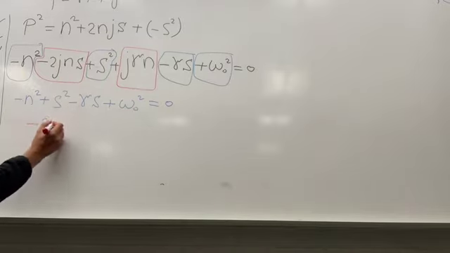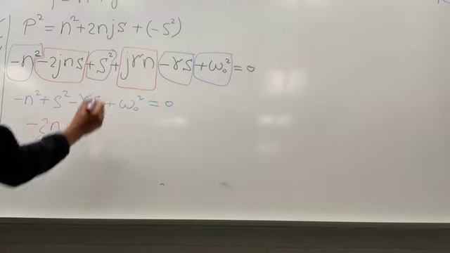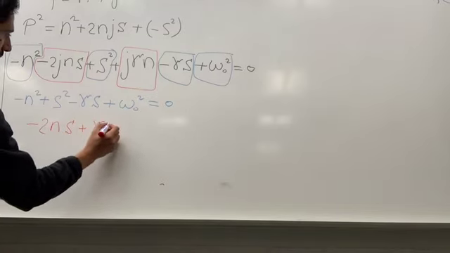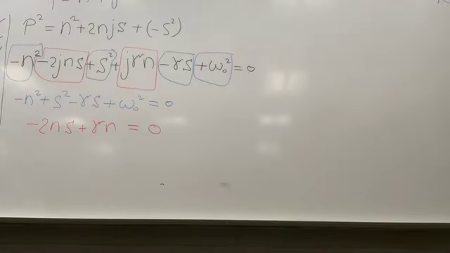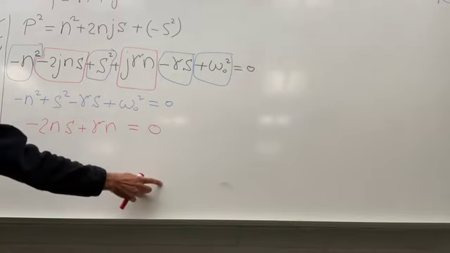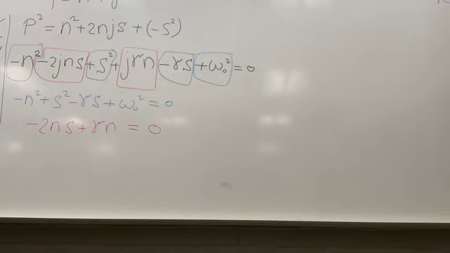Minus 2ns plus gamma n equals 0. So far, so good. We have two equations with two unknowns.